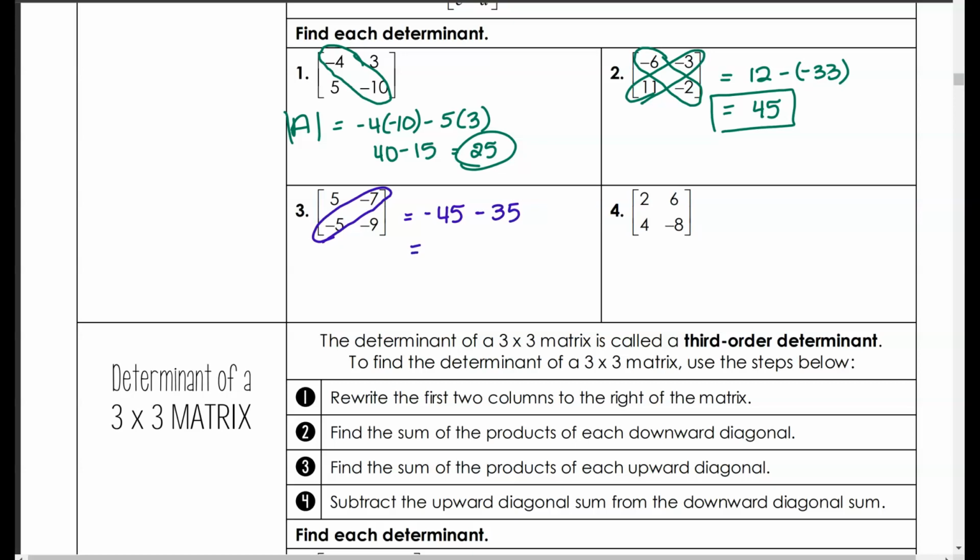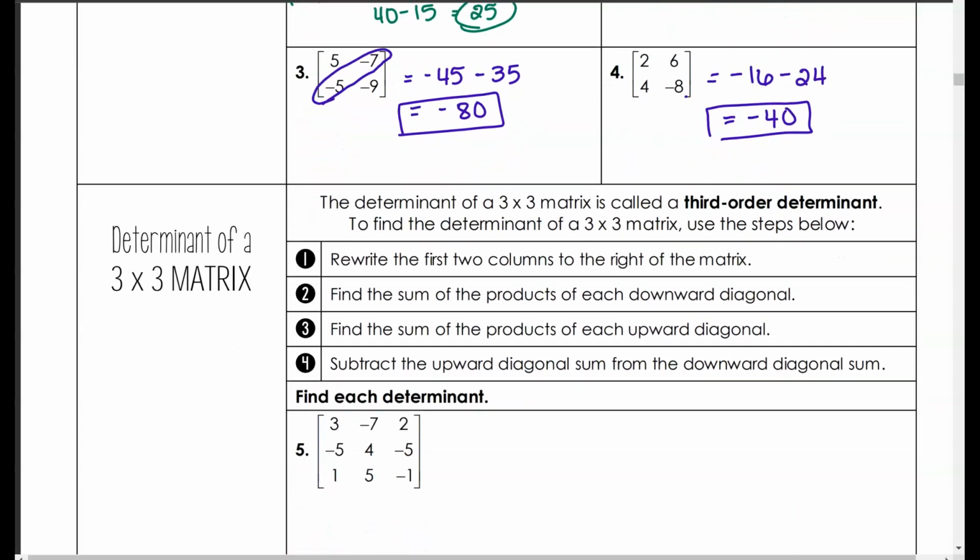So that's going to give us -80 as the determinant. 2 times -8 gives us -16. 4 times 2 gives us a +24. We add those together, we get a -40. So that's how we calculate the determinant.